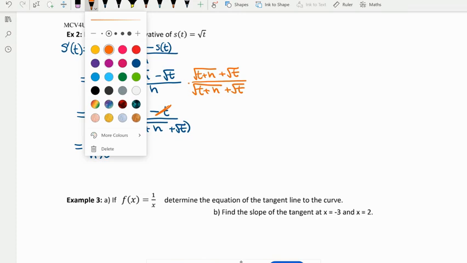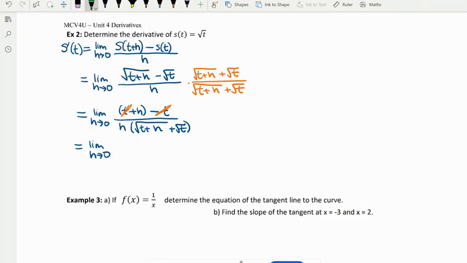I'm left with just an h on the top, so let me cancel the h and the h on the bottom. It leaves you with 1, not 0. h divided by h is 1. The bottom still has square root of t plus h plus square root of t.